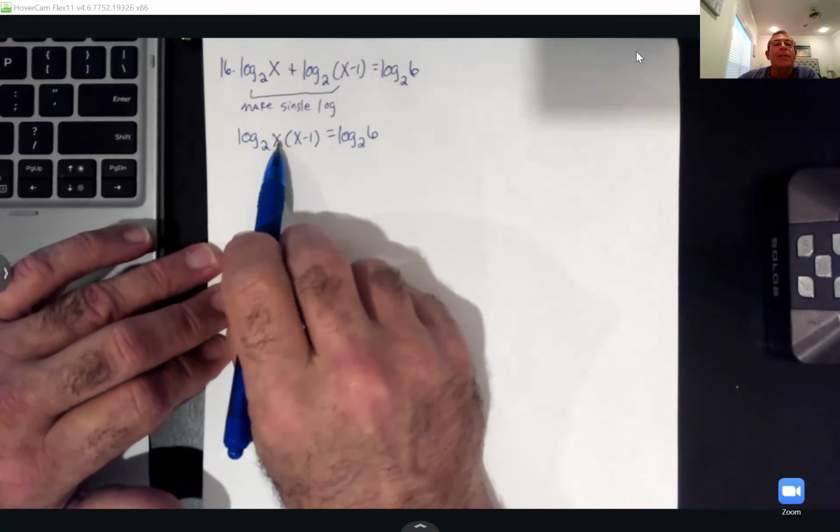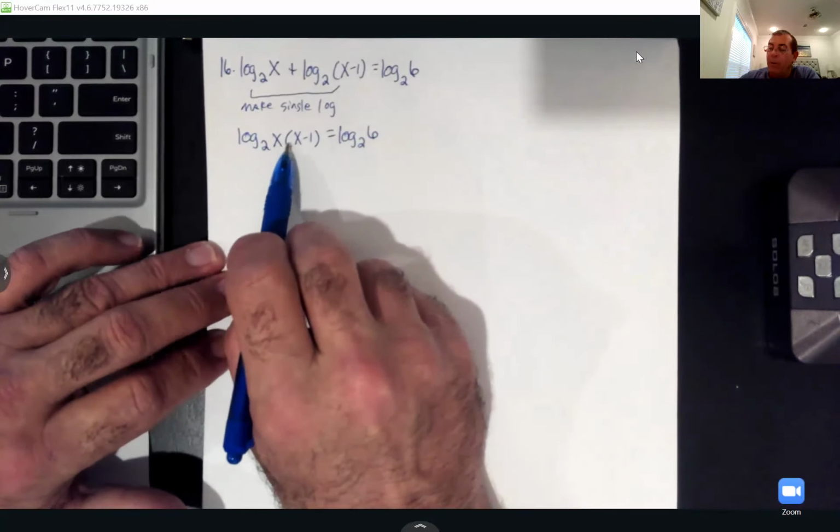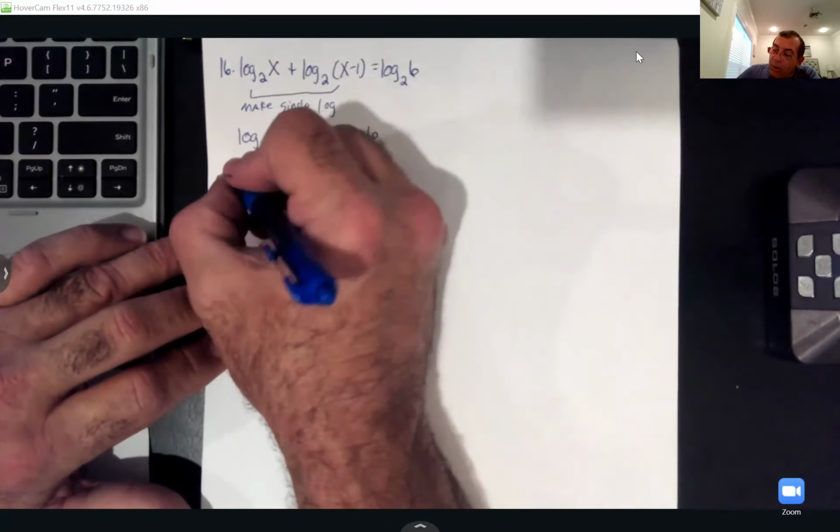Y'all, let me actually multiply this out real quick so that I get a log base 2, and I'm going to put it in parentheses. x times x is x squared. x times negative 1 is a negative x. That's going to equal log base 2 of 6.